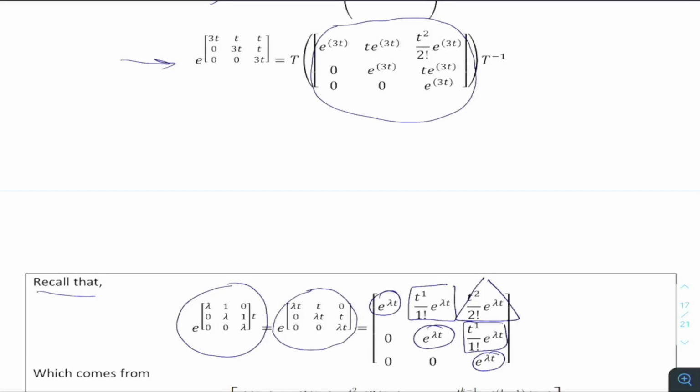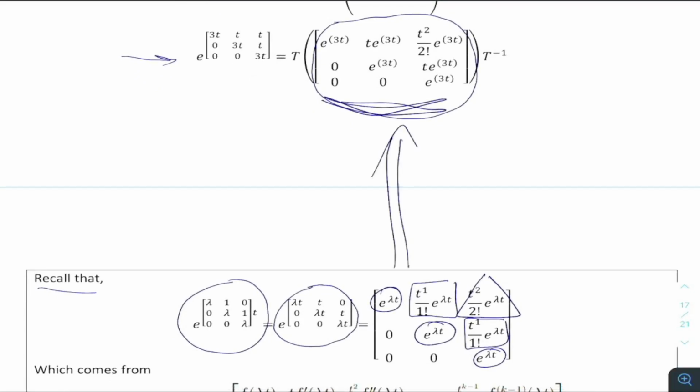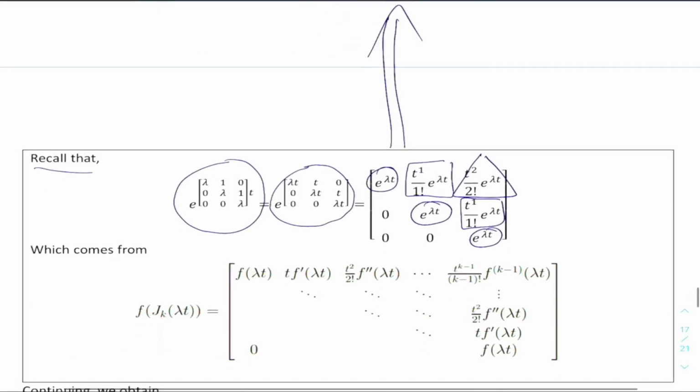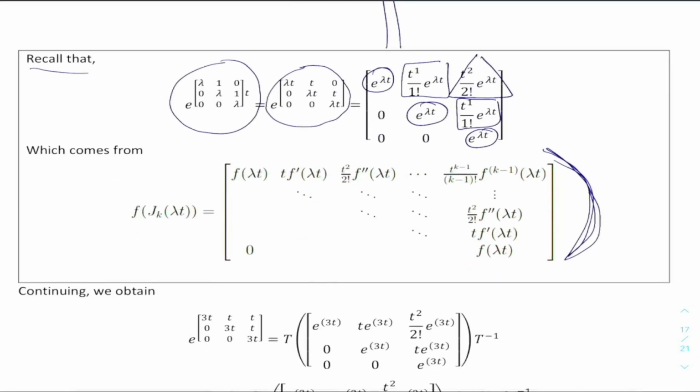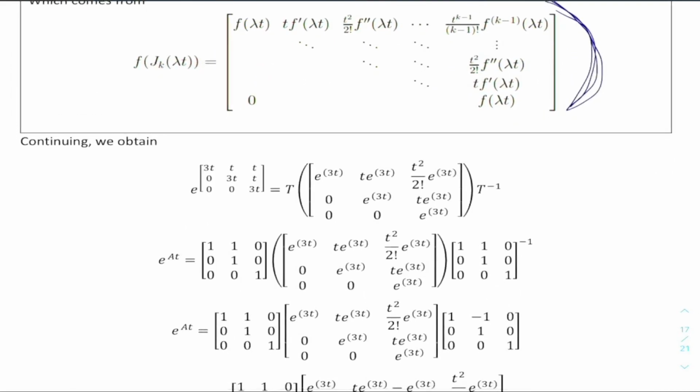And this is something that you would derive, you would kind of persuade yourself into thinking, yeah, this is the correct thing, right? And so basically this comes from the formula we used, right? Okay, and this is the more general one, if we have a higher dimension or higher size Jordan block. This is the thing that we will use.